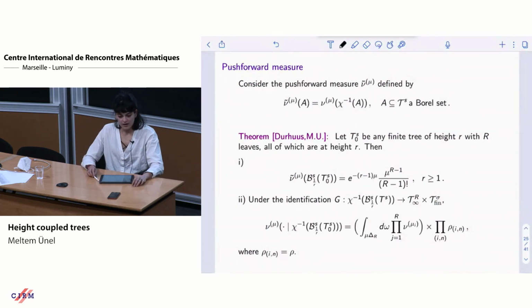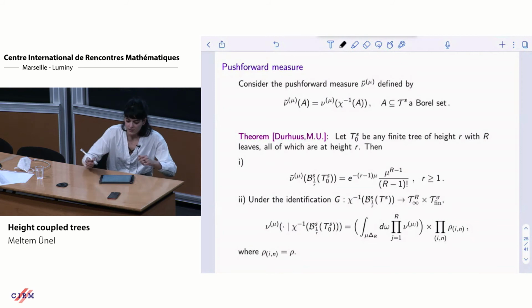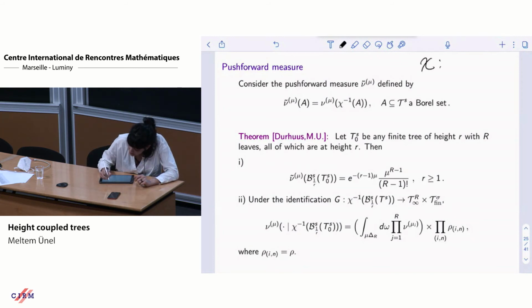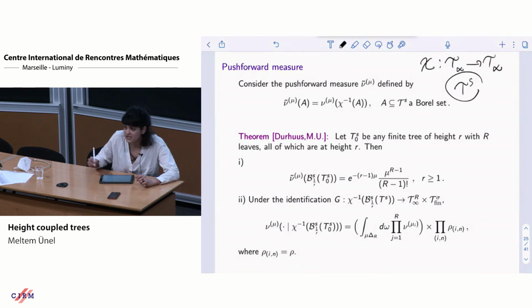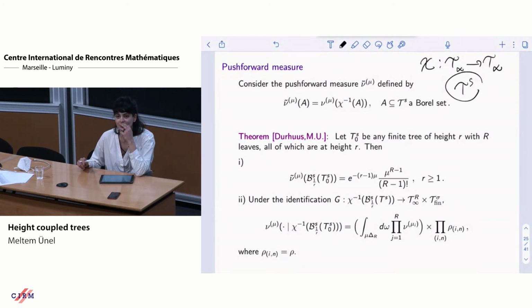A couple of last things that I want to mention about this probability measure. I remember that I had this map from the set of infinite trees to the set of infinite trees, and the image was what I called spine trees, which were the trees that have only infinite type vertices.